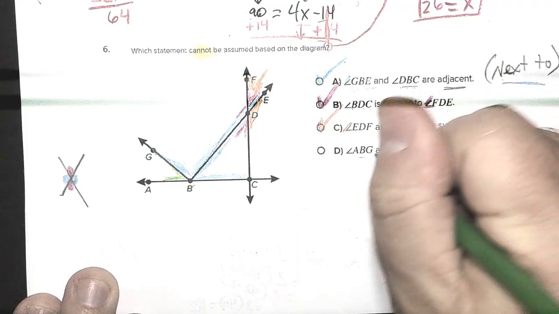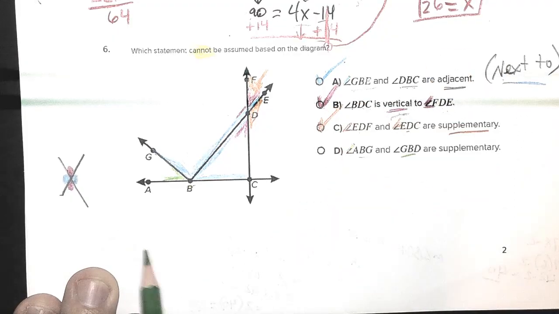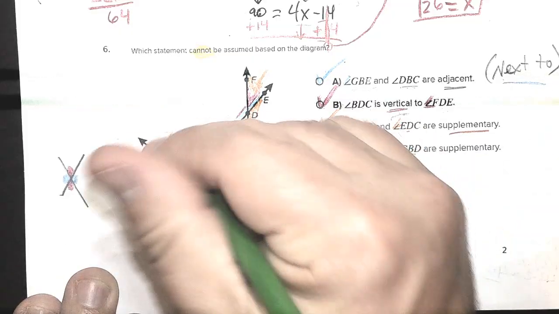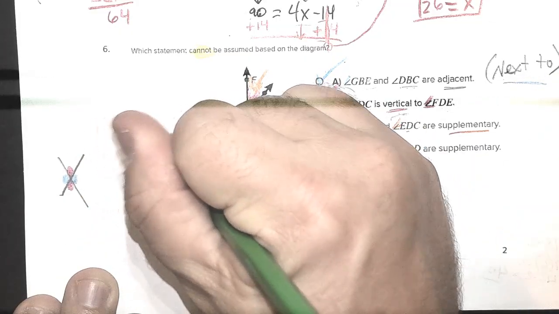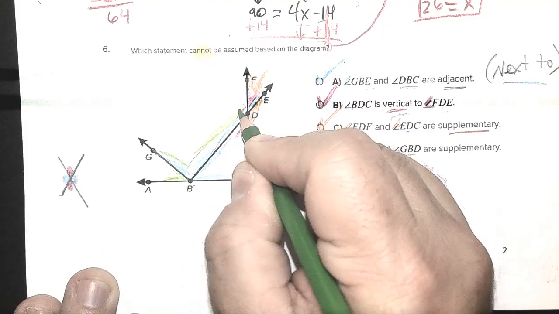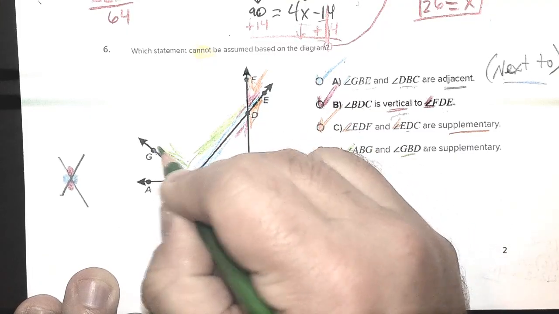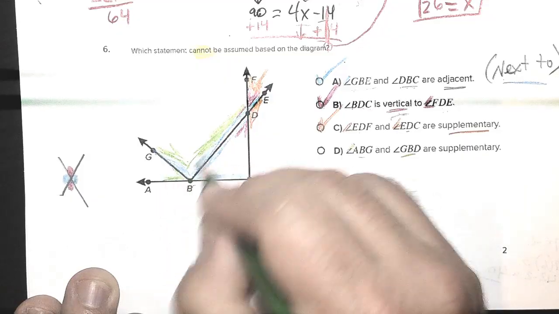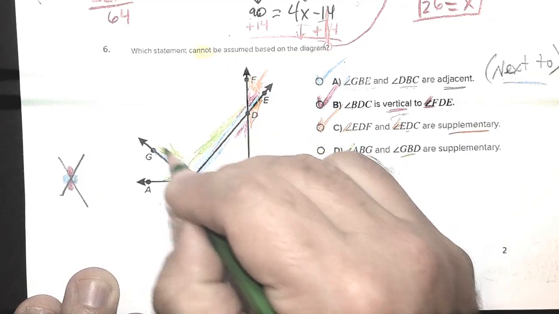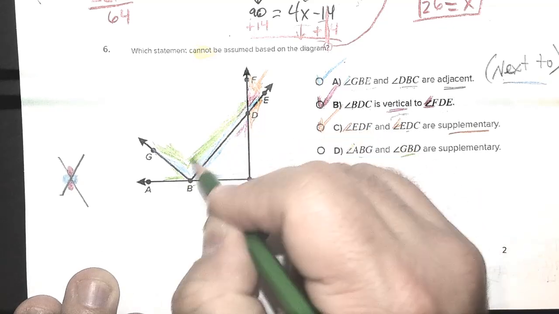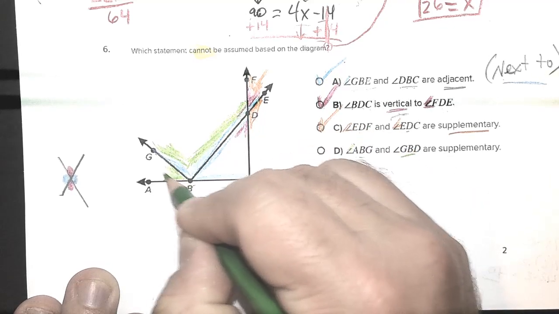And GBD, G to B to D. And it's on this side because G's on this side. If you're wondering, this would be DBC. So this is GBC, this side of the line. I know there could be some confusion over that, so I'm hoping maybe this will help.